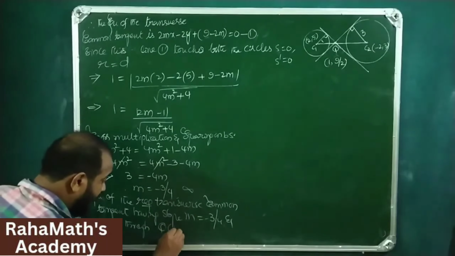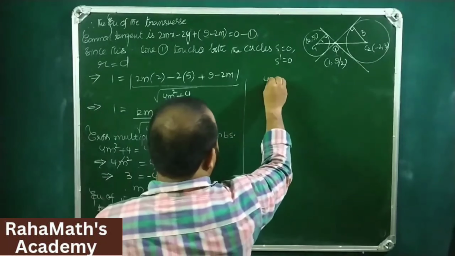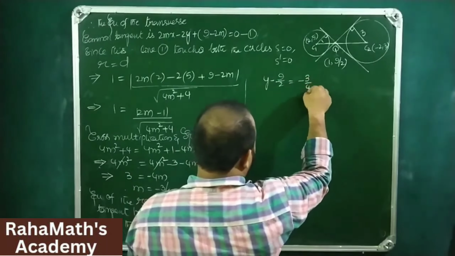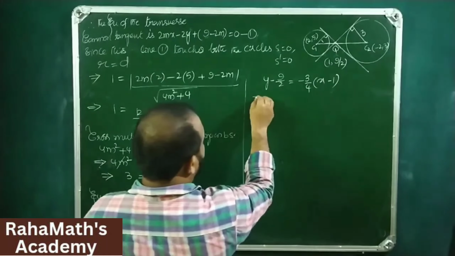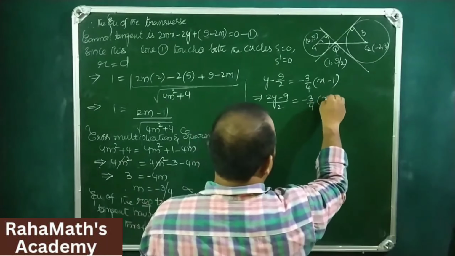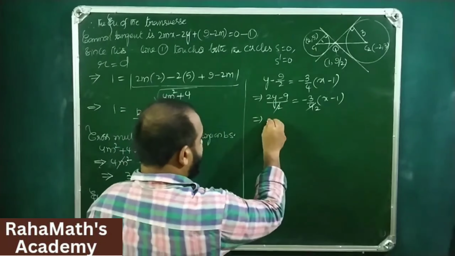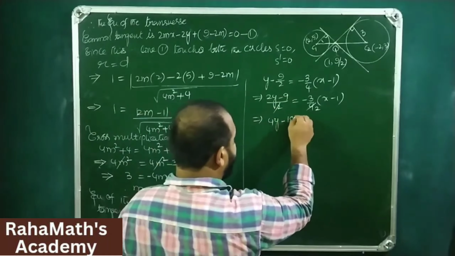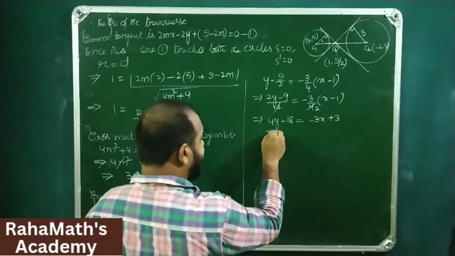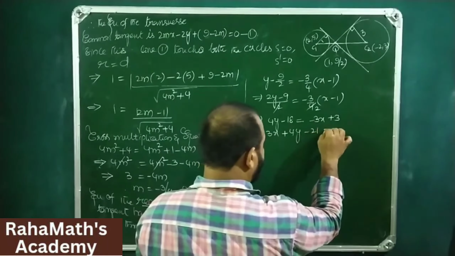Passing through Q (1, 9 by 2): y minus y1, 9 by 2, is equal to m, minus 3 by 4, into x minus 1. So this is 2y minus 9 by 2 equals minus 3 by 4 into x minus 1. Multiplying by 4: 2 2s are 4y, 2 9s are 18, minus 3x, minus into minus plus 3. Therefore, 3x plus 4y minus 18 minus 3 is minus 21 equals 0.